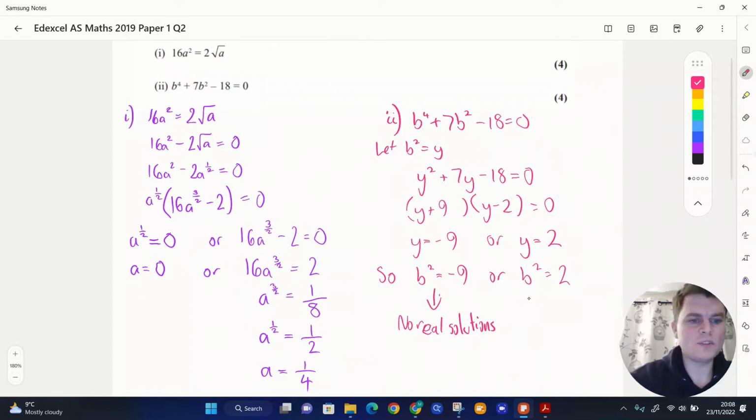However, this one, if we square root both sides, my plus or minus symbol, you get plus or minus root 2. So do make sure that you say no real solutions there, and you do need to make sure that you've got the plus or minus there.